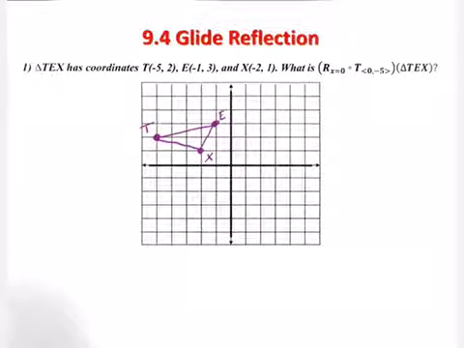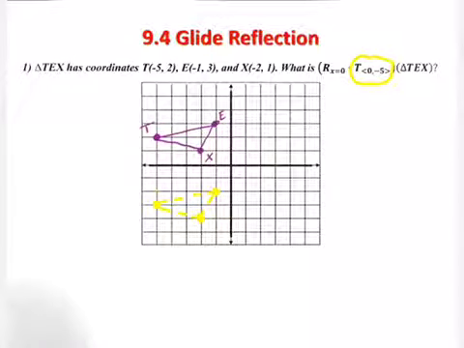The first thing we want to do is translate it, because we start with the translation of down 5. So we're going to go down 5: 1, 2, 3, 4, 5. We'll put these as placeholder points, because we still have to do the reflection piece.